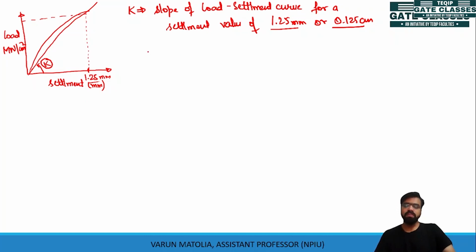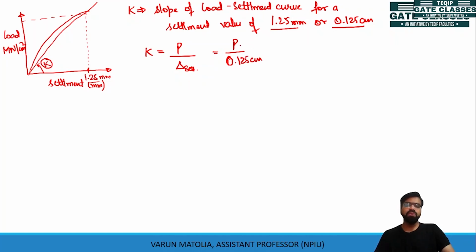So the modulus of subgrade reaction K can be written as load applied P, or the stress applied P, upon your delta, meaning settlement. And for K value, this settlement should be 0.125 centimeter.